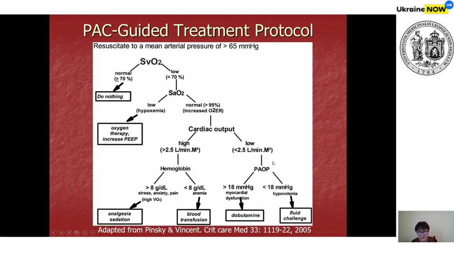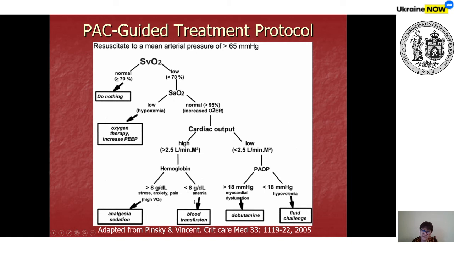In low cardiac output, you should check pulmonary wedge pressure. If it's normal, it's hypovolemia, and the patient needs a fluid challenge. If wedge pressure is high, it's decreased myocardial contractility, so the patient needs inotropic support with dobutamine. If cardiac output is high or normal, you should check hemoglobin.